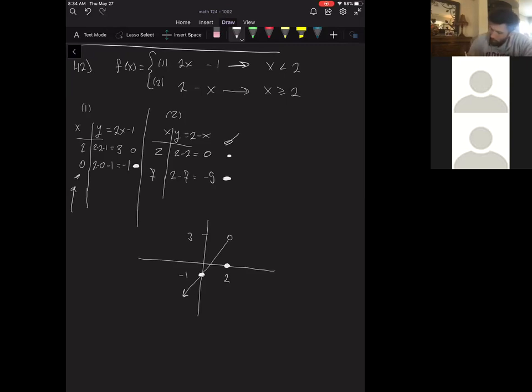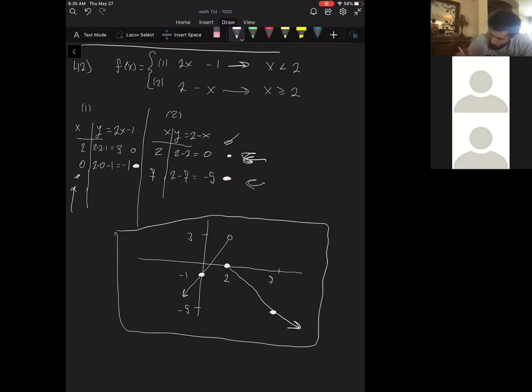Okay, and then over here we have the point 2, 0 with a closed circle, then the point 7, minus 5 with a closed circle. And then we connect those. And so then here will be the graph of this function.